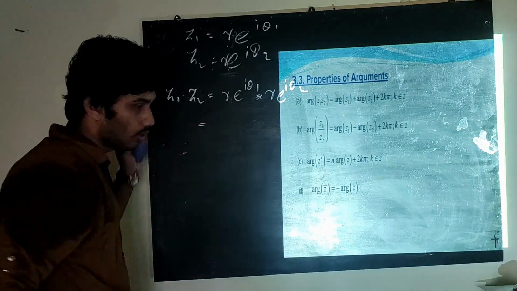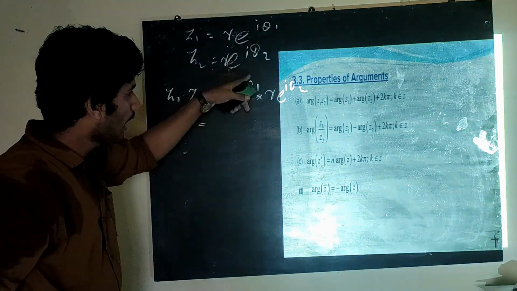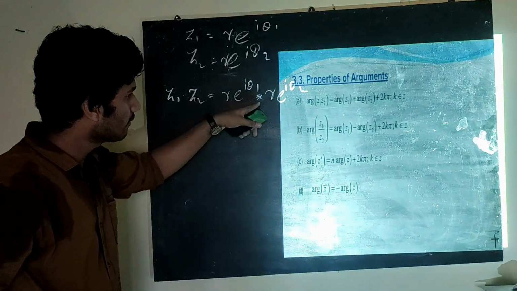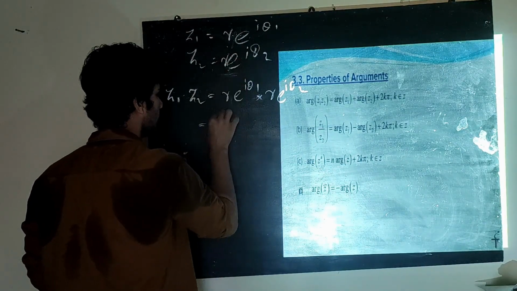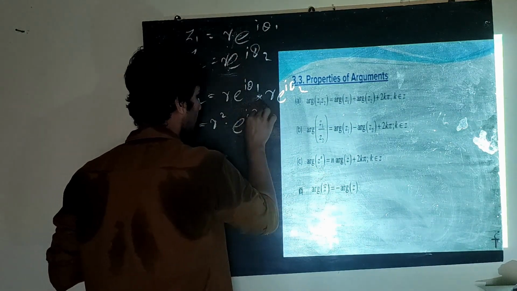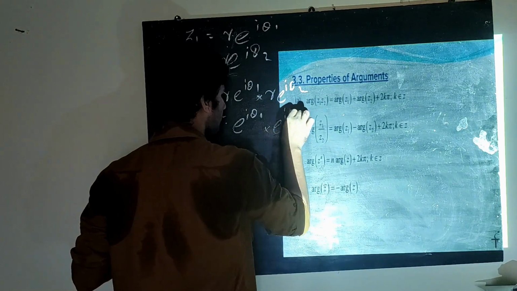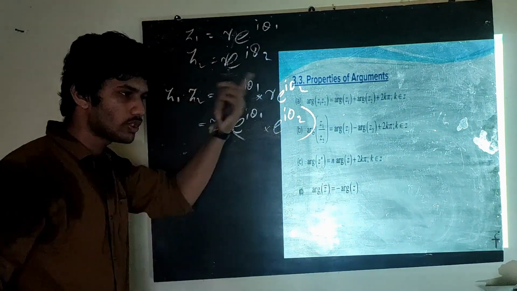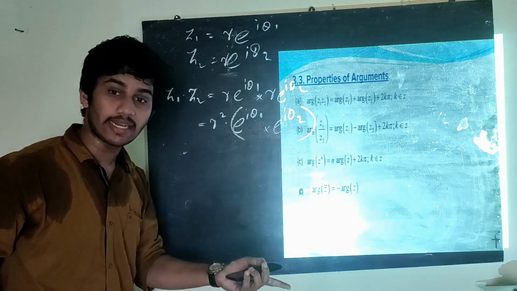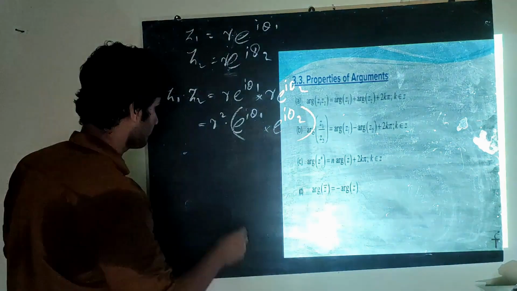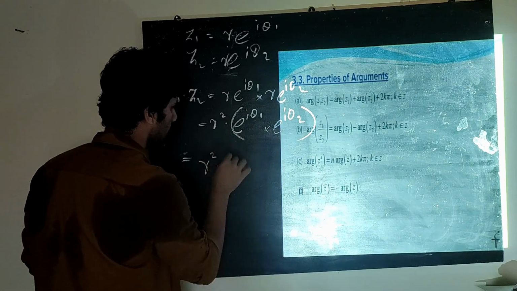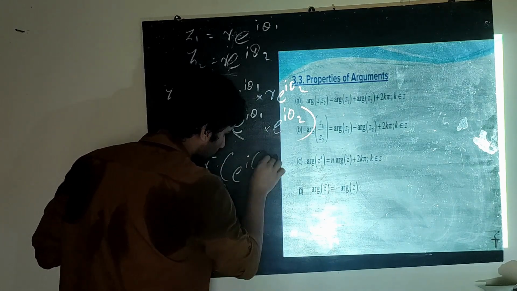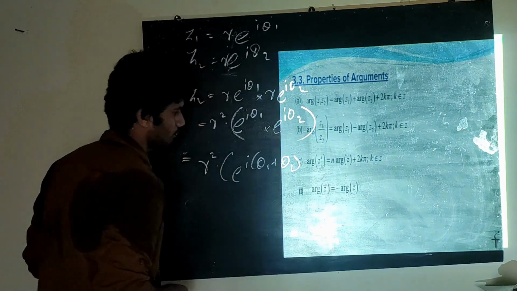Now, what is e raised to i theta 1 into e raised to i theta 2? This is R square into e raised to i theta 1 into e raised to i theta 2. a raised to m into a raised to n is a raised to m plus n. So this is R square into e raised to i into theta 1 plus theta 2.